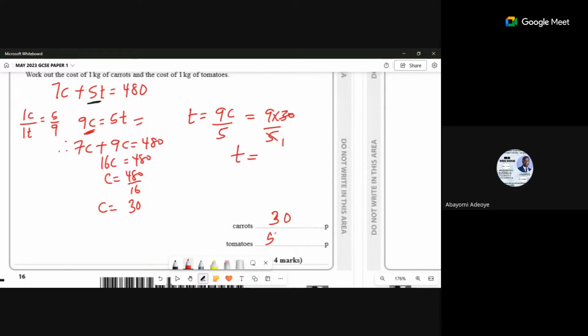So the tomato is 54. Get us? Yeah. All right. So you copy that. Yeah.